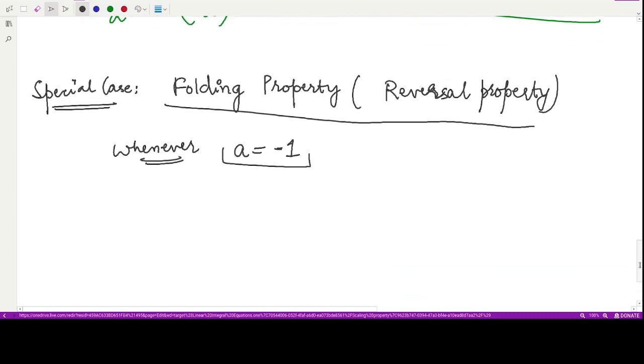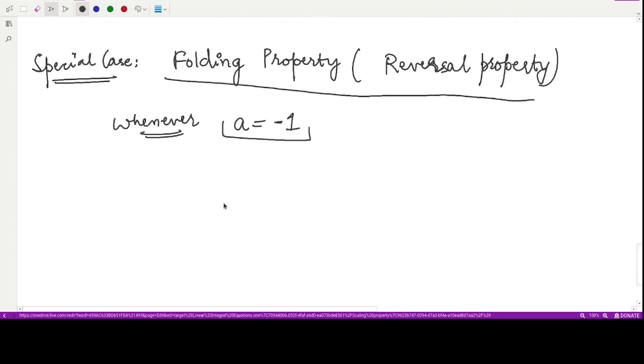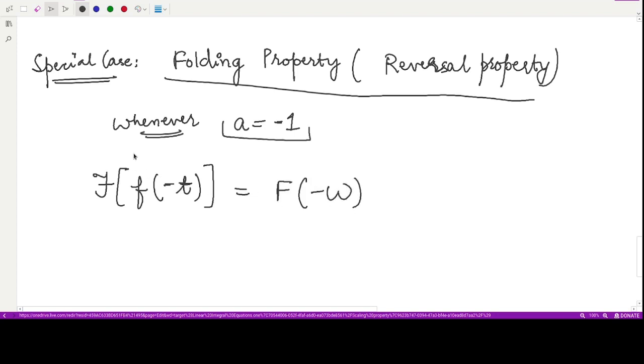Whenever a is equal to -1, then our property becomes that the Fourier transform of f of minus t, so that means we have now multiplied by -1 here, so a is -1, is equal to capital F of minus omega. So this is the property that we have.